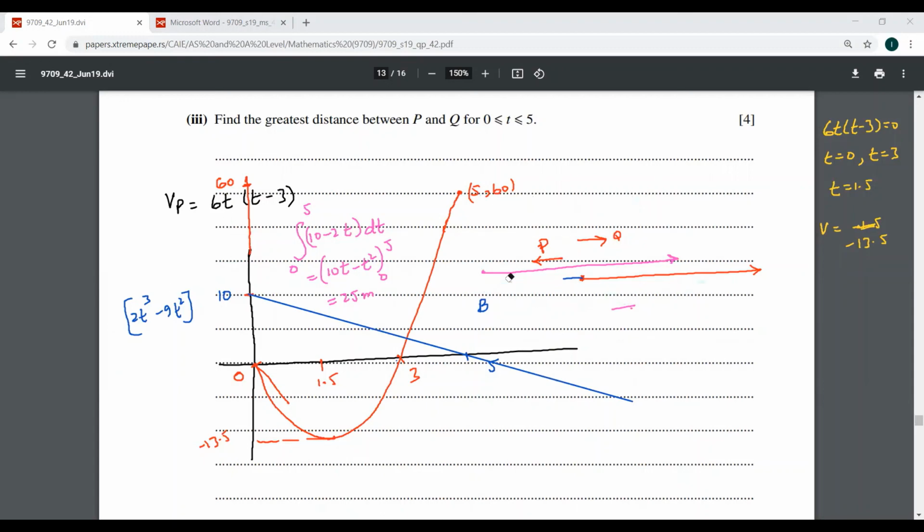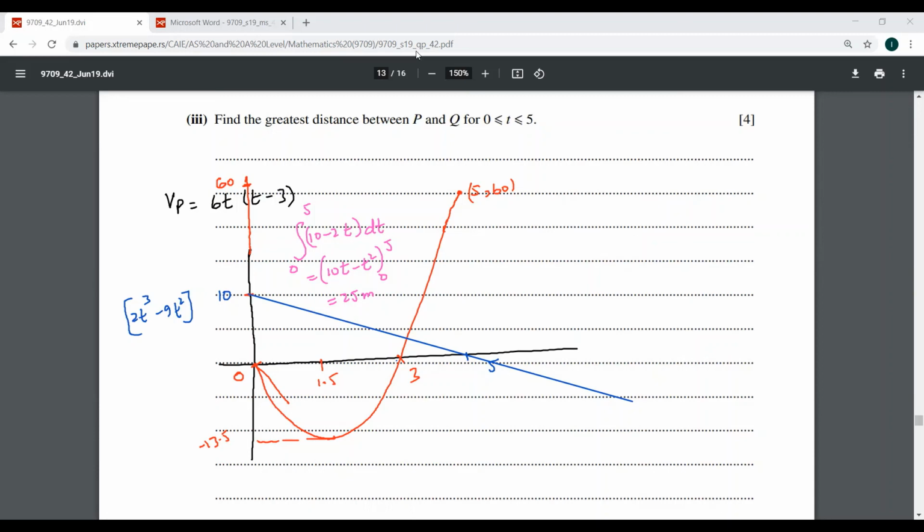We had a mental brainstorming here and we thought that this would be the time 3, because when the time is 3, this P is instantaneously at rest. It is moving backwards. But anyhow, we have to have the expressions for this, so between P and Q.